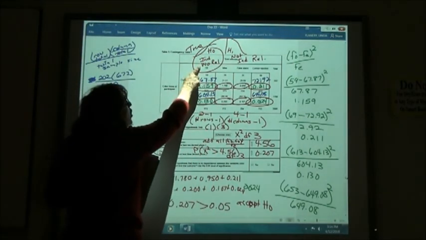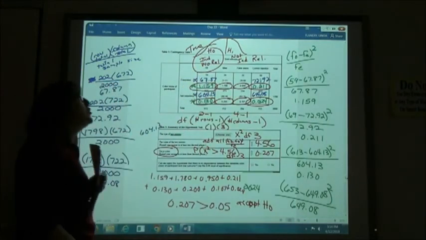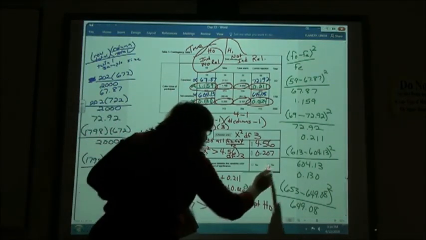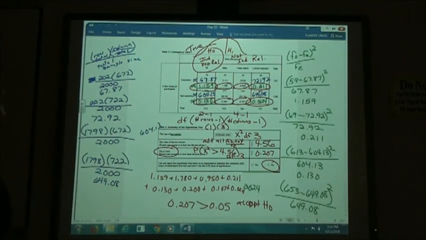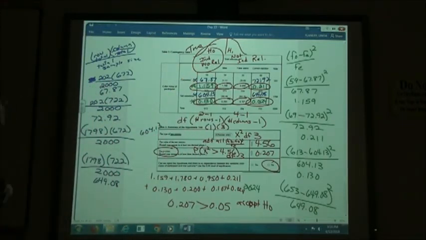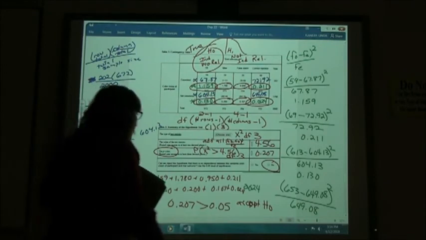No, we can't reject that. The true statement is saying there is no relationship. So can we reject that? No, we can't. We're going to say there is no dependence because there's no relationship.